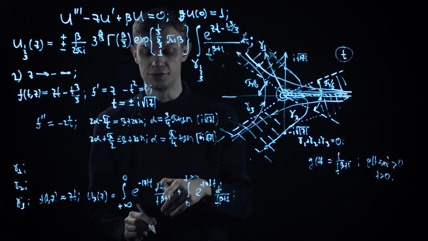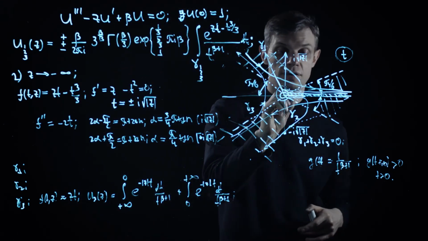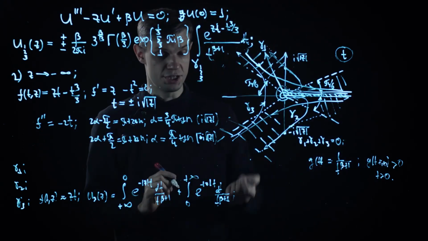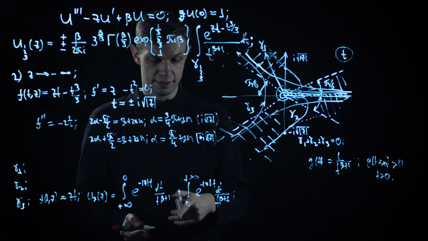So you have to take into account the additional phase of this g of t function as you go along the lower bank of the branch cut, and it will give you just some 2 pi i factor multiplied by beta.